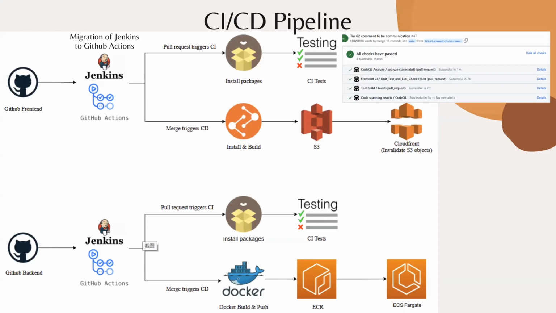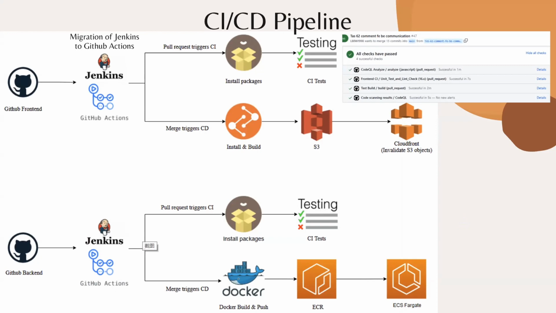The check details will be shown in each pull request page to enhance developers' experience and efficiency. Once CI passes, the merge triggers CD to install packages and build artifacts, then deploy to the S3 bucket. Finally, we invalidate the S3 objects to update the CloudFront cache and serve newly updated content to our users in time.